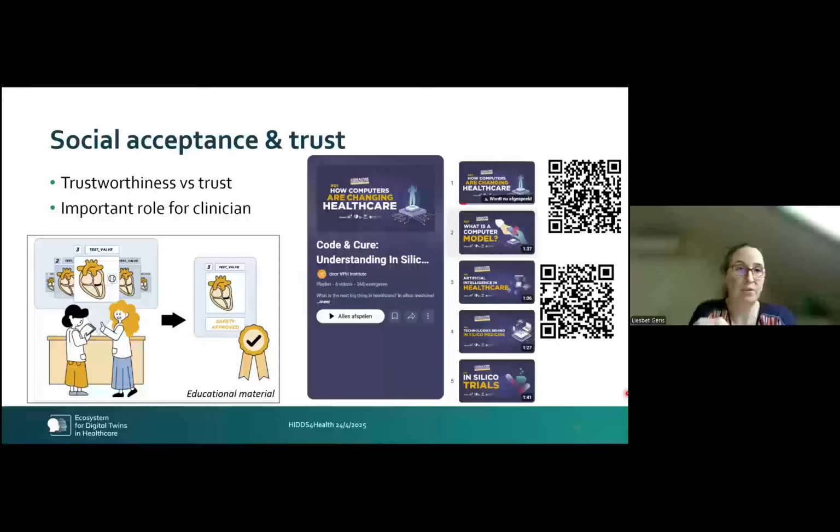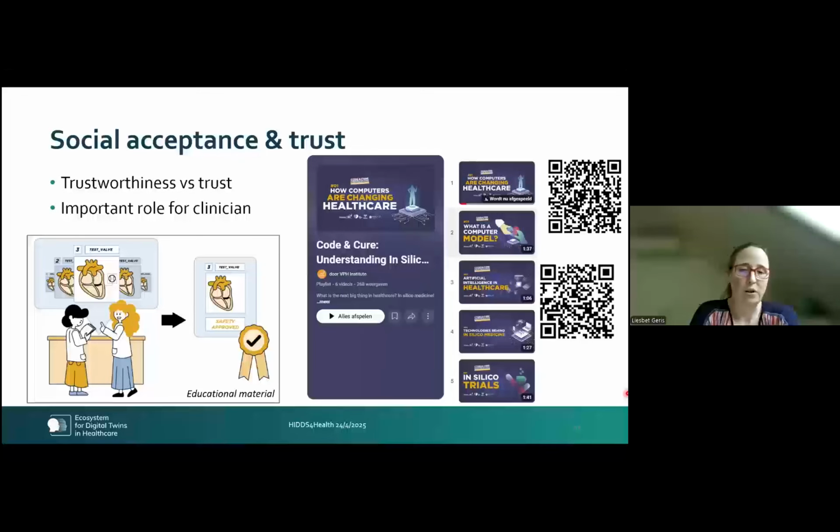And as I mentioned, what we've also seen with patients is that information is very important. For a lot of patients, this means that they look at the clinician. If the clinician trusts a device, they will also trust this.